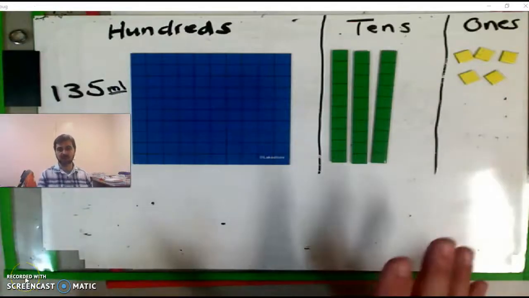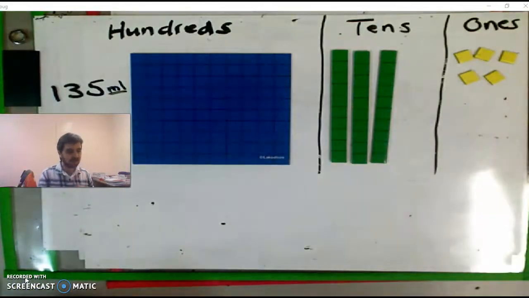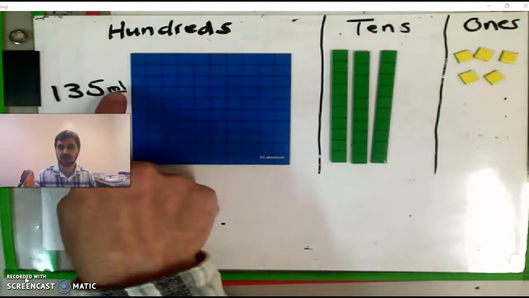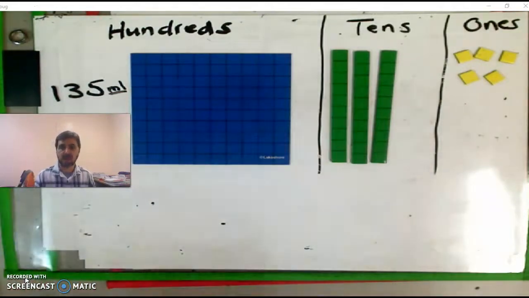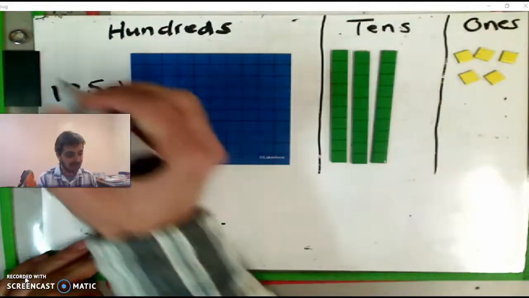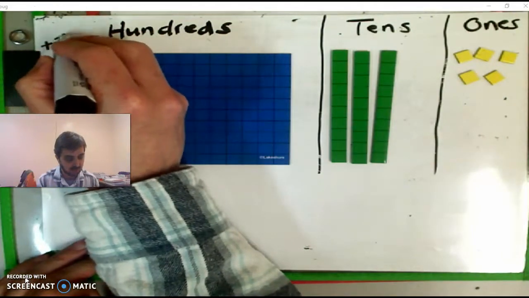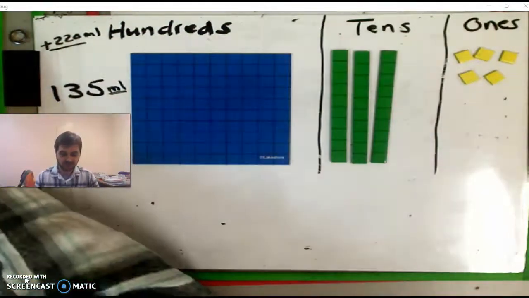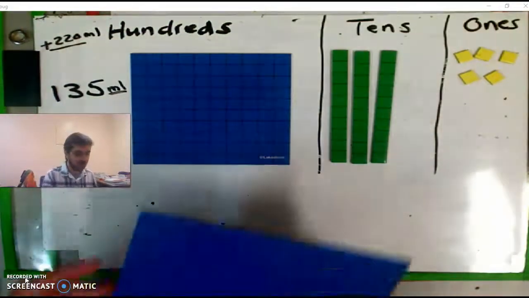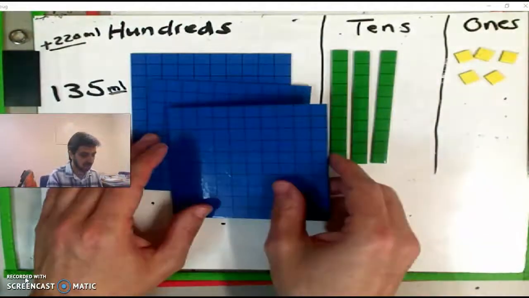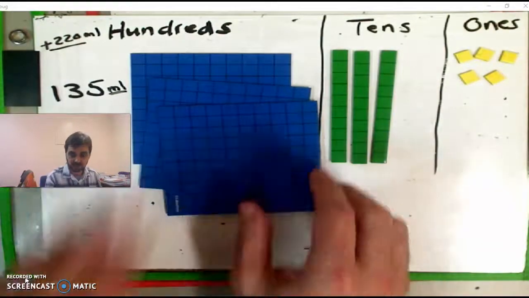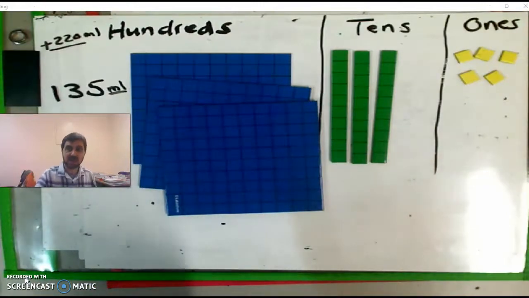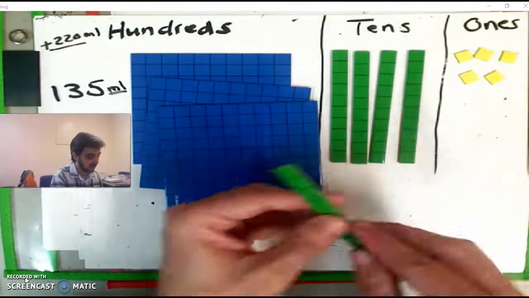All right, so let's go back to our base 10 pieces here. Let's say that we have a recipe that calls for 135 milliliters of water, okay? And then later on it says to add, let's say 220 milliliters. So let's go ahead and do that. If I were to add 220, I would add 200 to the hundreds place, and I would add 2 tens to the tens place.